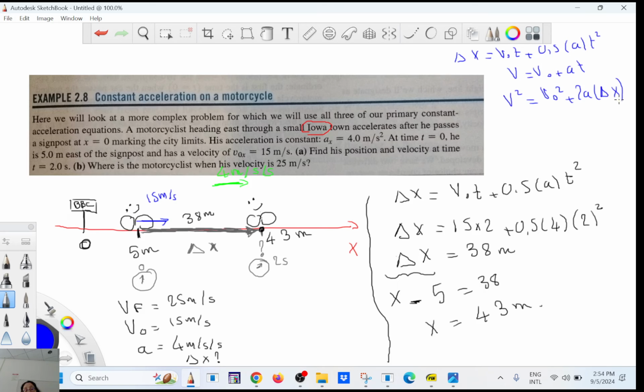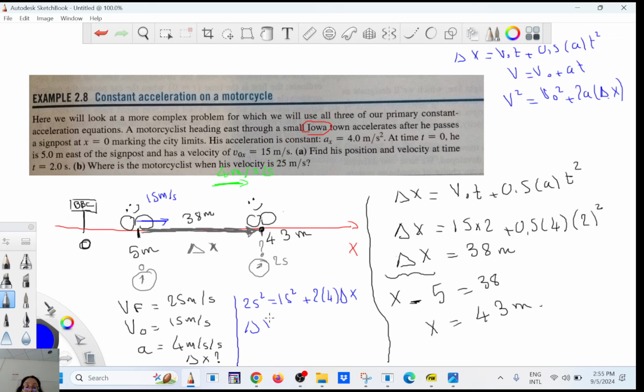So which one do you think is good to use? Yes, the last one. Okay, because there is no time. Is that clear? So then you plug in, but again, you are finding delta x. Okay, so 25 squared equals 15 squared plus 2 times 4 times delta x.